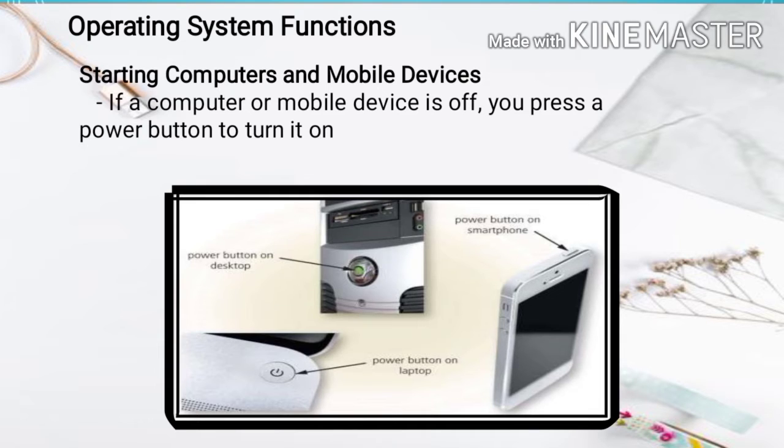As you can see in the picture, the power button in the phone must be found at the top of the phone, and on the computer it is inside or outside the computer, and the power button of this one must be found inside or in the middle.